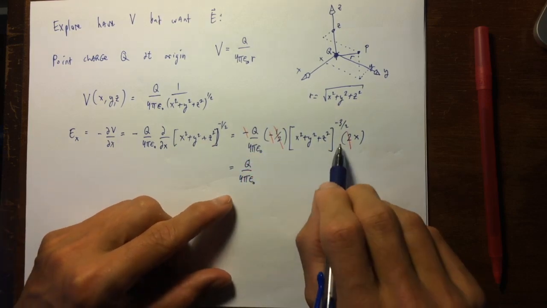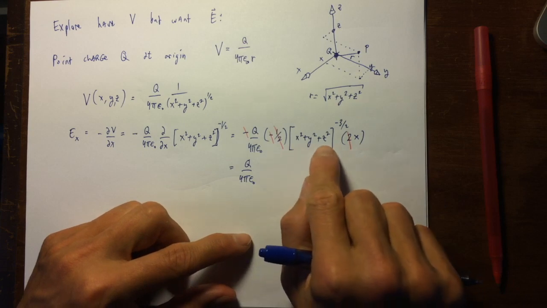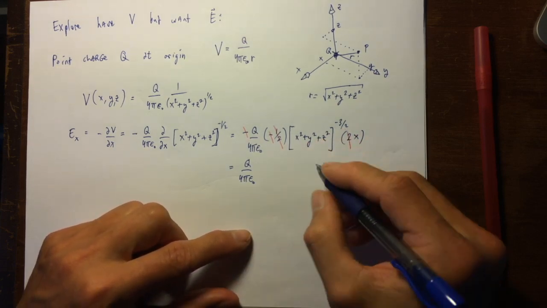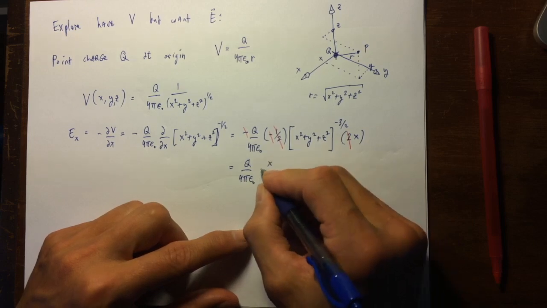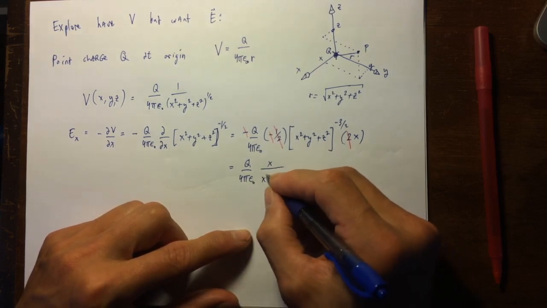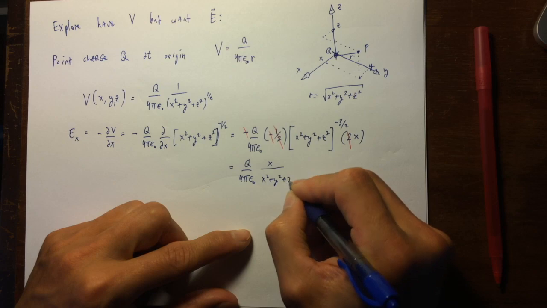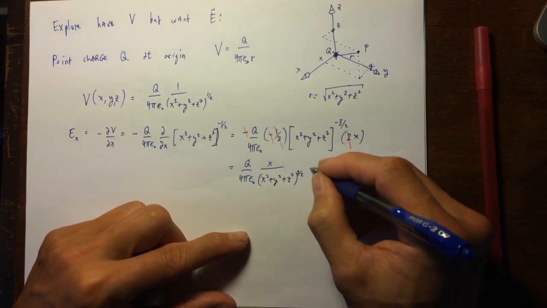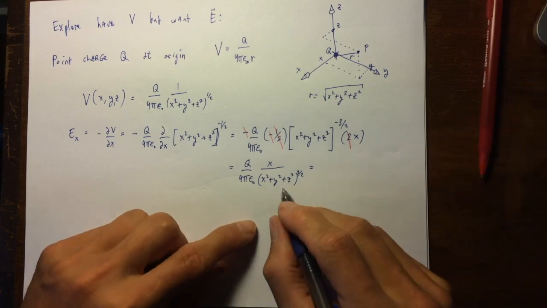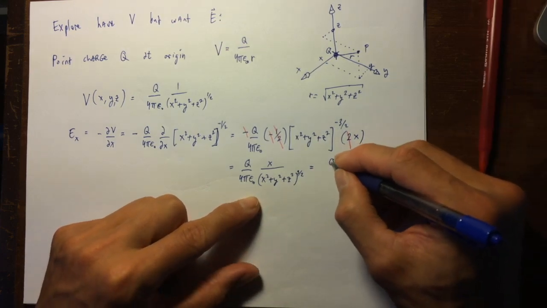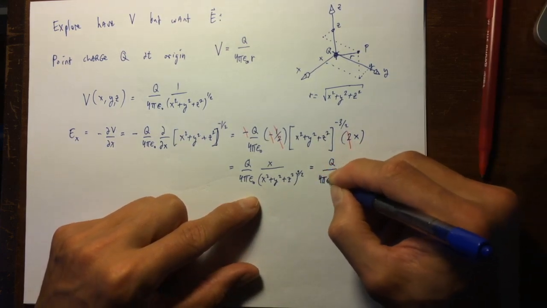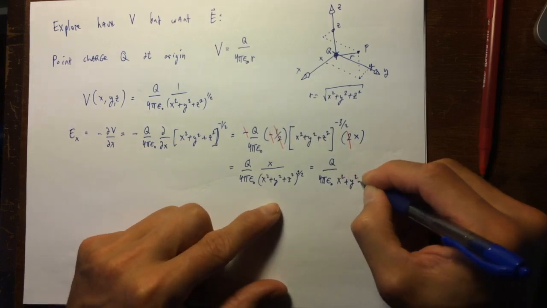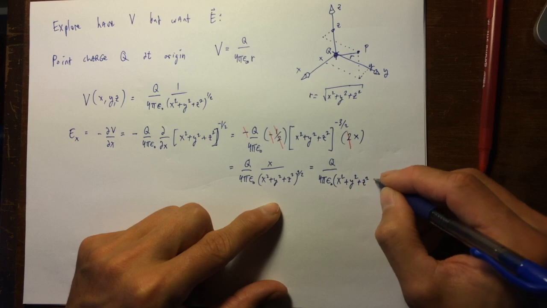I'm going to do something funny. So you see this x squared plus y squared plus z squared to the negative 3 halves. So let me, I won't skip any steps. So this is x squared plus y squared plus z squared to the 3 halves power on the bottom. And let me just do something interesting. So this is Q over 4 pi epsilon naught times x squared plus y squared plus z squared.